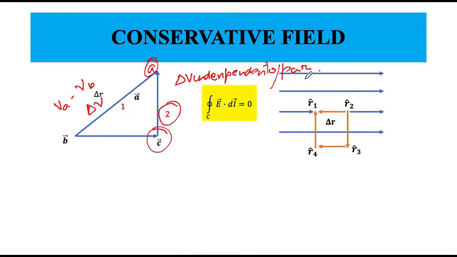I take this direction. Here the electric field is along the radial direction, which means that along this path 1, the electric field and the line segment are essentially parallel to each other.